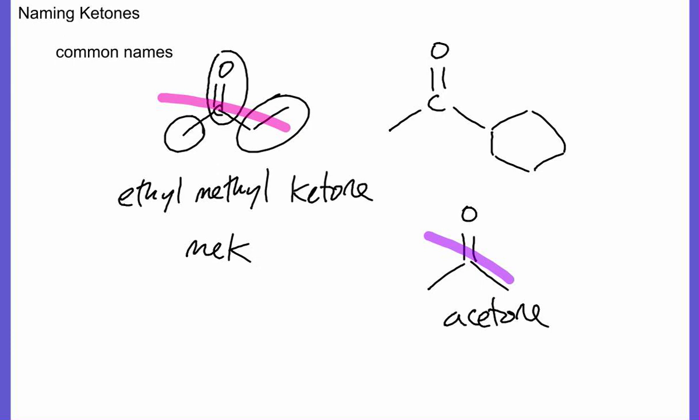And MEK is basically methyl ethyl ketone. They put those things out of order as far as our rules are concerned. But since you have an M for methyl, an E for ethyl, and a K for ketone, that's what that is. Right? MEK is found in a lot of paints. Acetone can be used to dissolve that ketone and therefore can take that nail polish off of your nail.